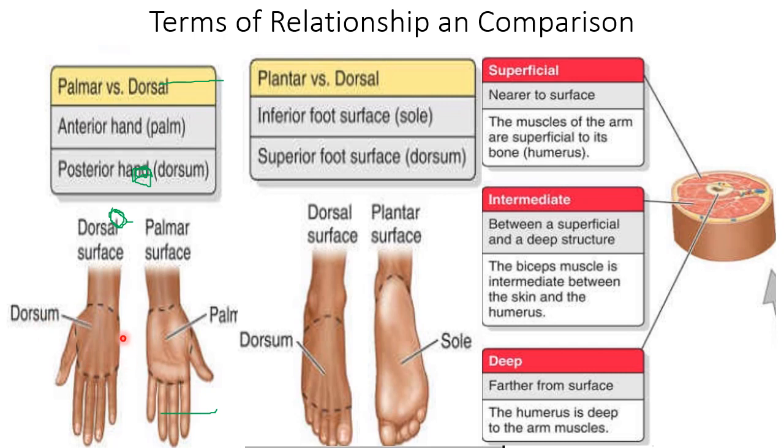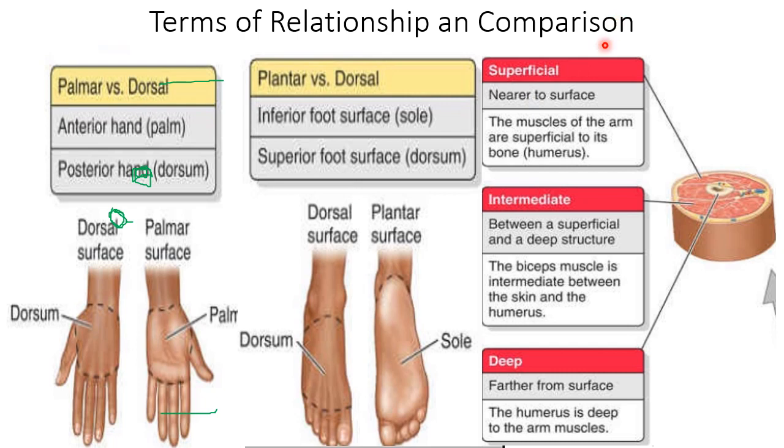The same applies to the legs: you refer to the dorsal surface as the top of the foot. The plantar surface is the surface where you step your foot on, which is known as the sole. So those are the anatomical terms that you use.